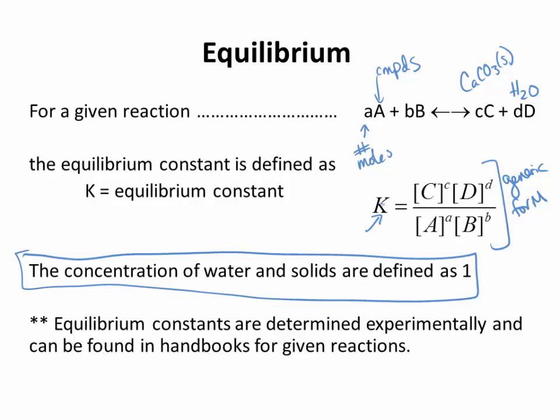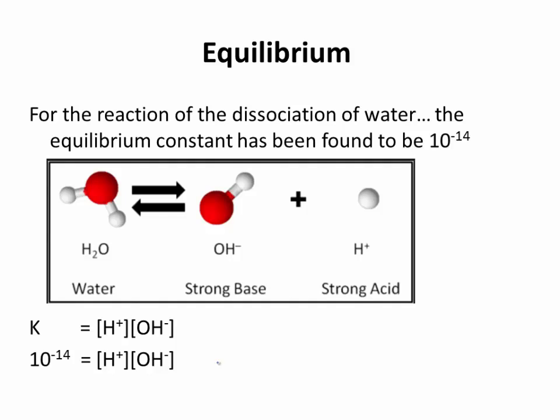So K is found experimentally, but we can write a mathematical expression for the molar concentrations that are equal to K. If we were to write the mathematical expression of the equilibrium constant K, we would say that the products, the molar concentration of proton multiplied by hydroxide ion, divided by the molar concentration of water, which is 1.